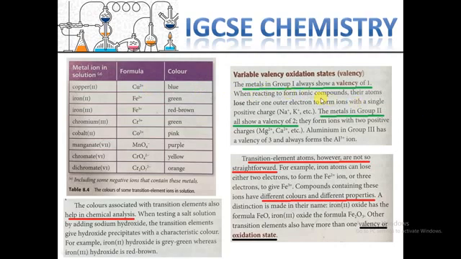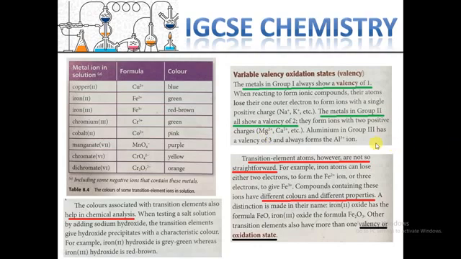So group one metals have a valency of one, like sodium with one positive charge, and potassium also has one. Metals in group two show a valency of two, like calcium and magnesium.